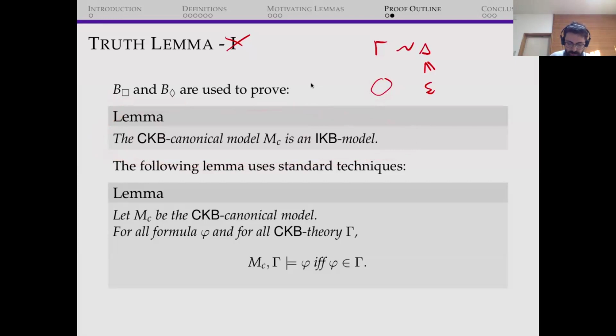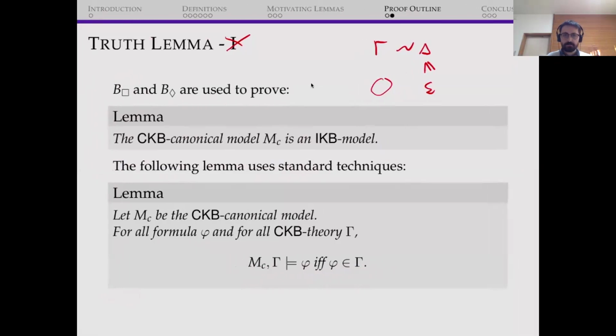And then you get the truth lemma: for all formulas and all theories, the theory is going to satisfy phi in the canonical model if and only if phi is in it. This is more or less standard. The more interesting part is the other one, but it would be boring for people to just see a representation.